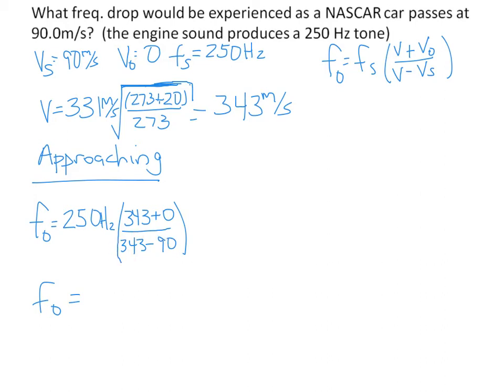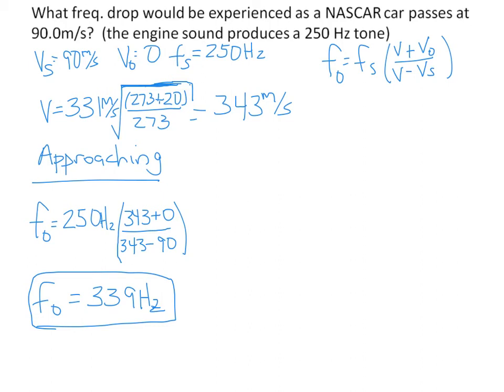And then you should get what I got here, which is 339 rounded off. 339 hertz when it's coming at you. Now I know that's a possible answer because it's higher than the actual frequency of the car. When something's coming at you, it should be higher.